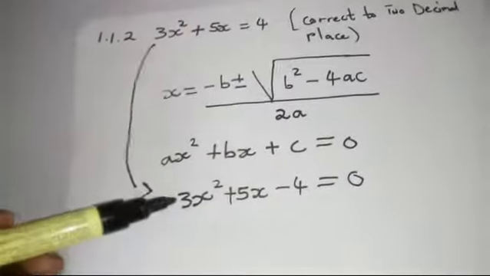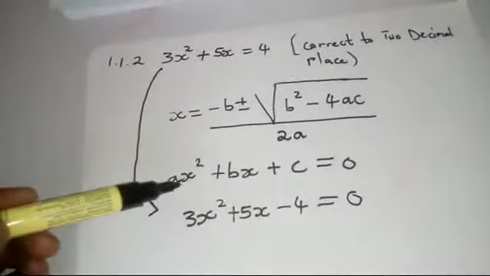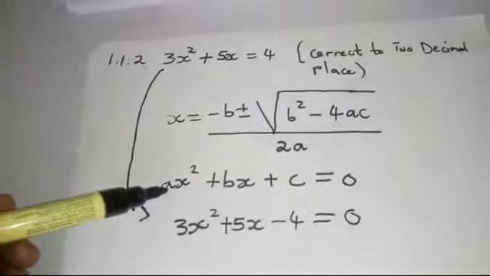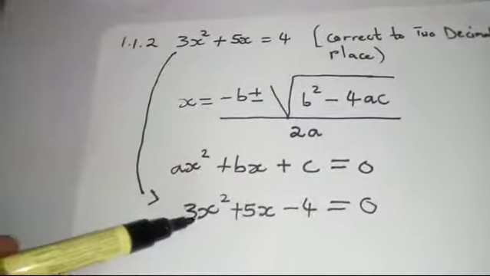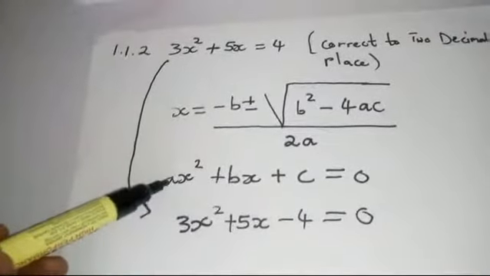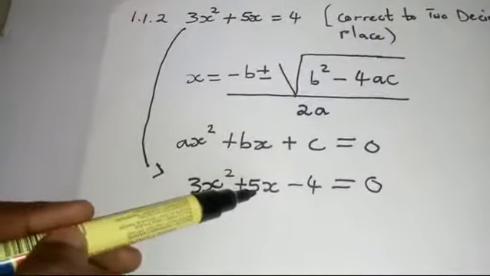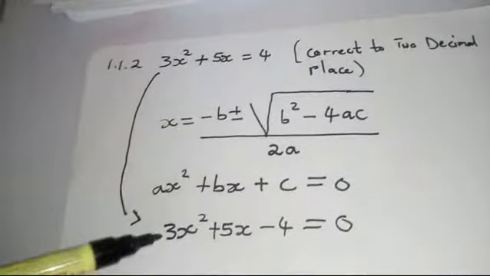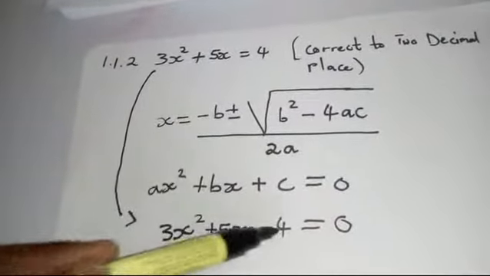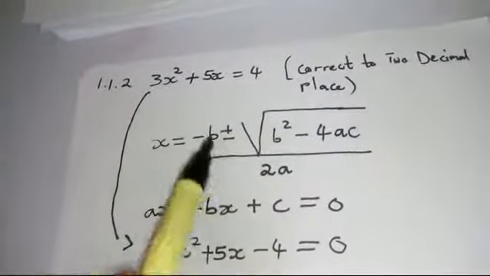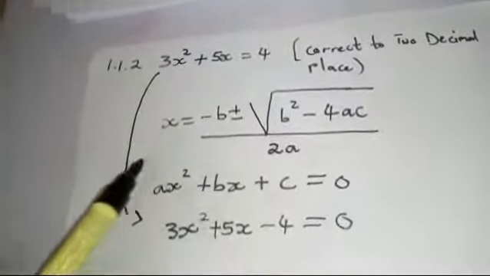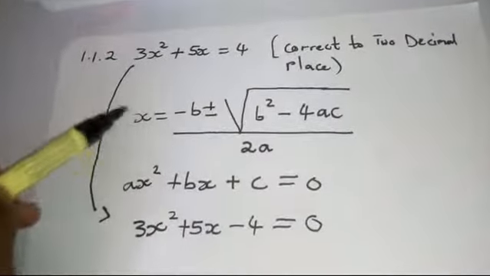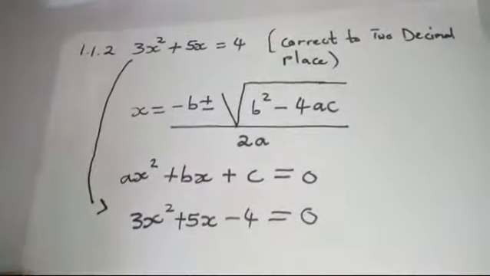When we look at our equation and compare it with the standard form of the quadratic equation, we see that this 3 is our A, this 5 is our B, and this -4 is our C. These are the numbers we will substitute into the quadratic formula to find the solutions for x.